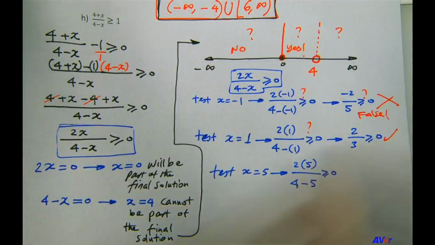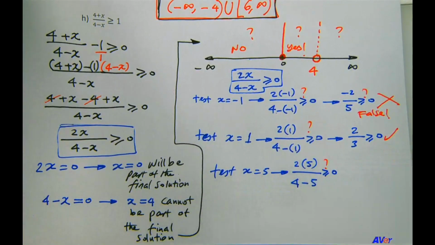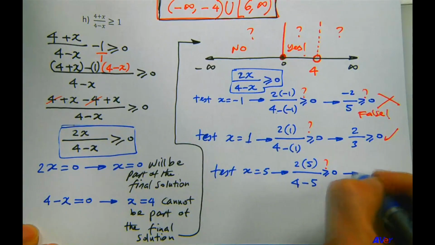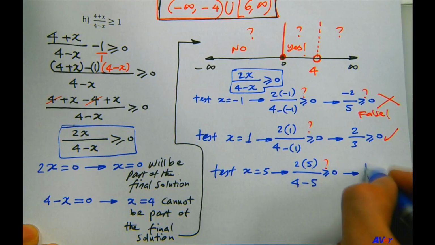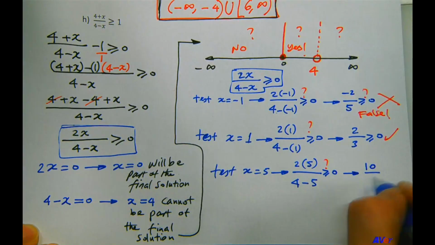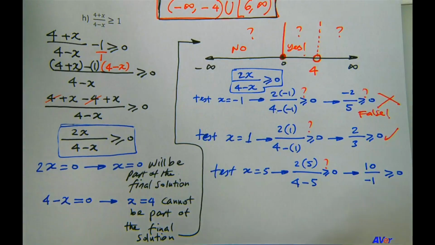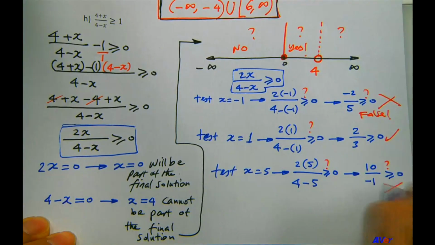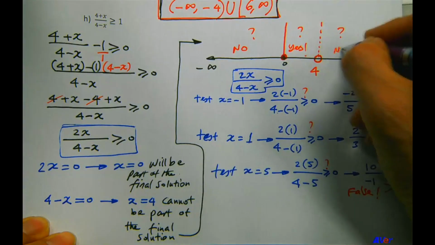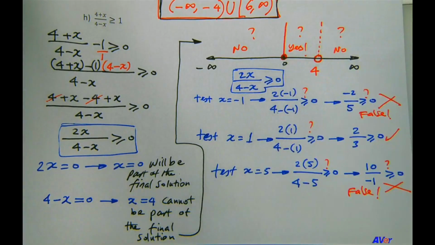We're asking if this is a true statement. So we have 10 over minus 1, right? Which is minus 10. So is that a true statement? Absolutely not. False. So this region is not part of the solution.